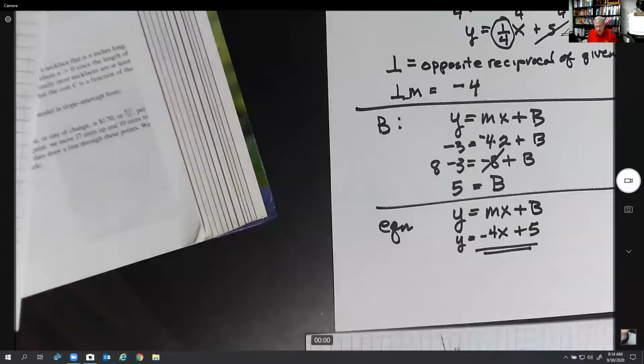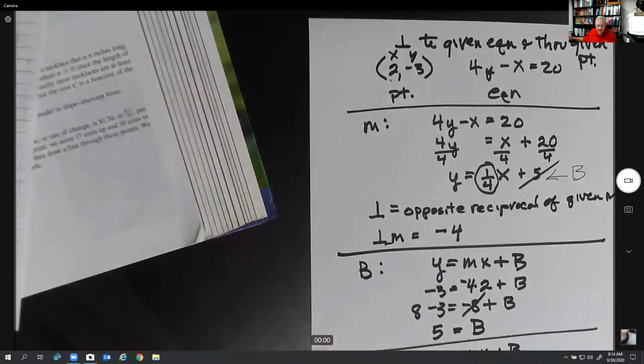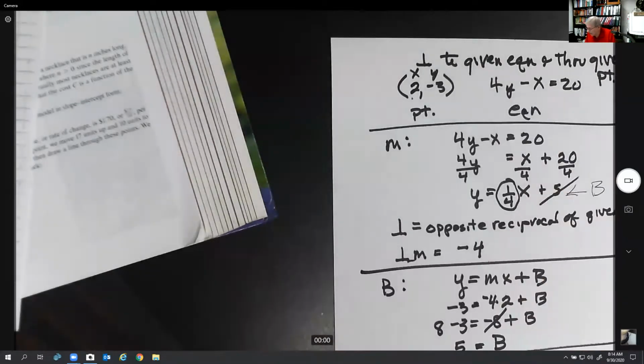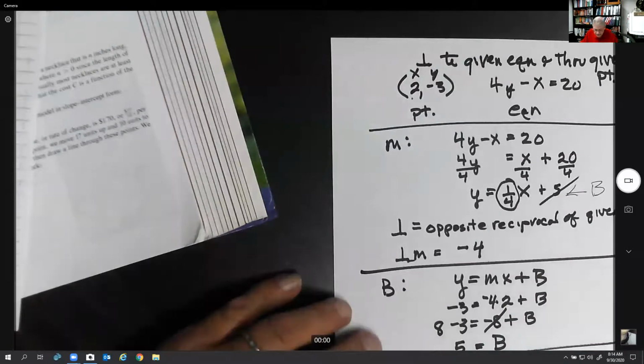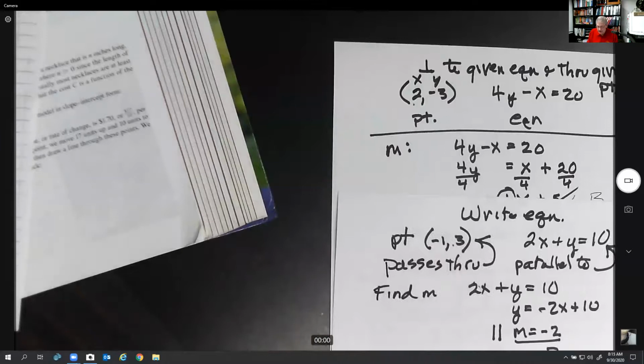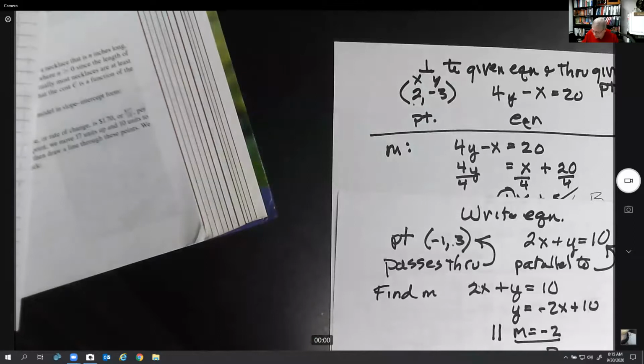So we can do all kinds of things. The only difference between this problem and the last problem we did: when lines are parallel, the slopes are the same.